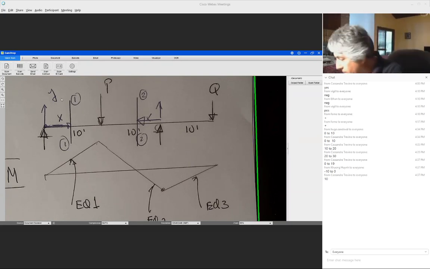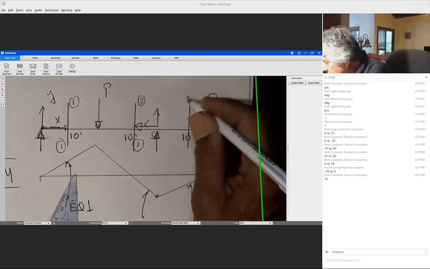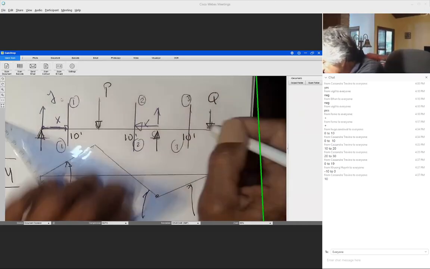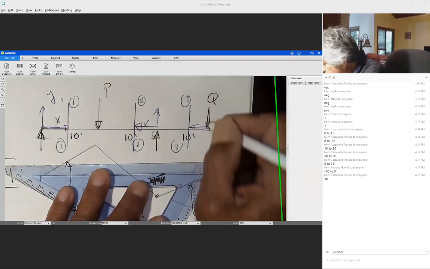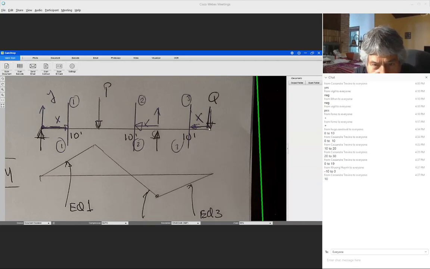For the next equation, I'm going to put section 3, my origin in here. So for section 3, I have moved the origin to this location. Now, this equation is only good between this point and this point. What are the values?